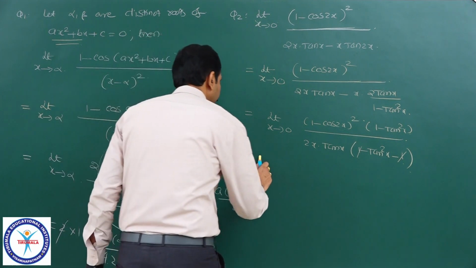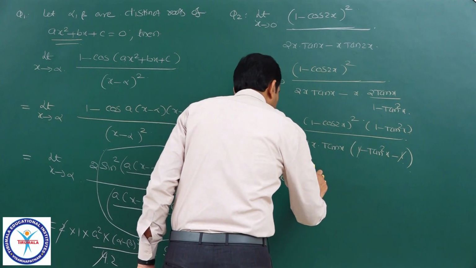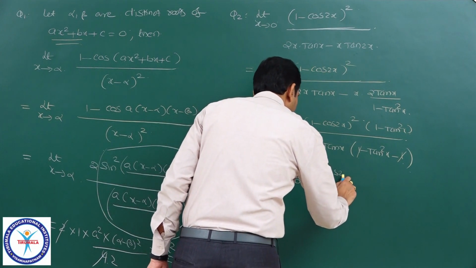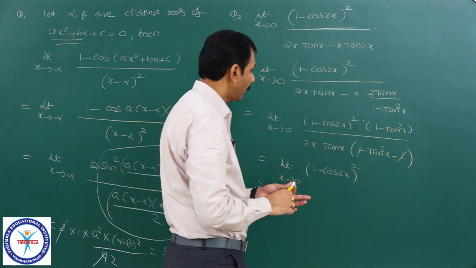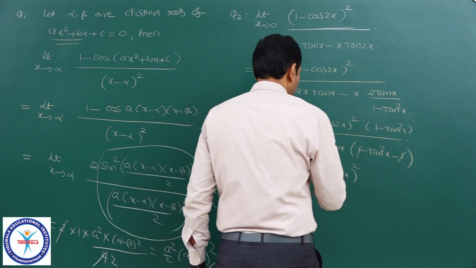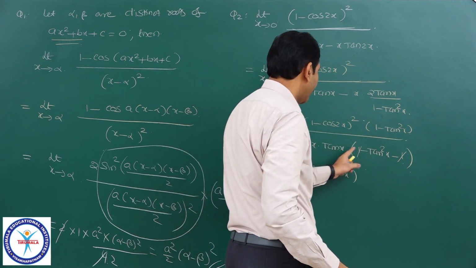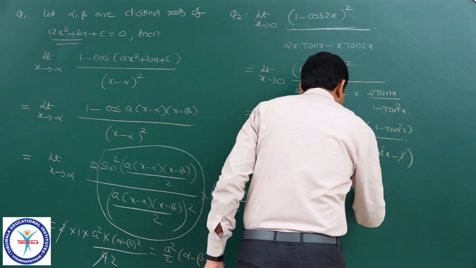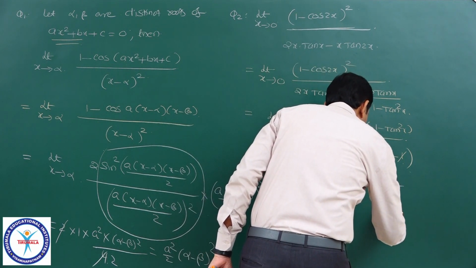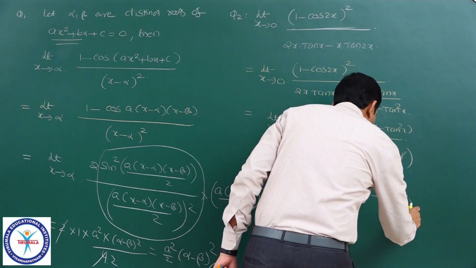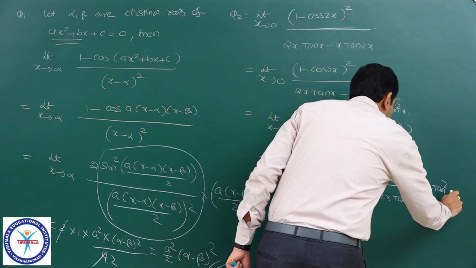Now observe, I will write separately. X tends to 0, 1 minus cos 2x is there, whole square. Observe this. And denominator minus 2x tan cube x is there, 1 by minus 2x tan cube x into, of course, 1 minus tan square x is there.